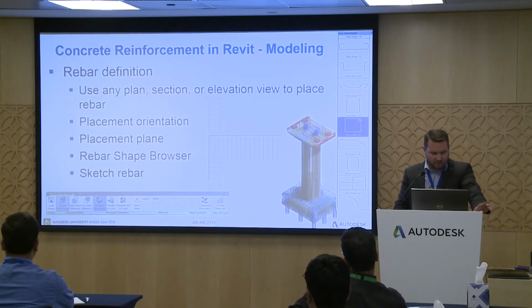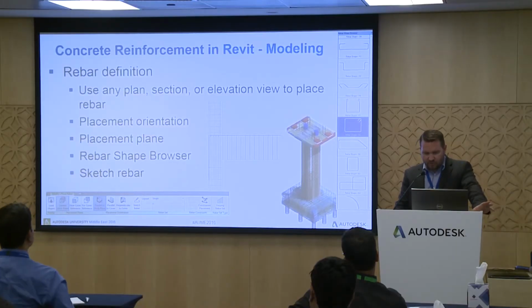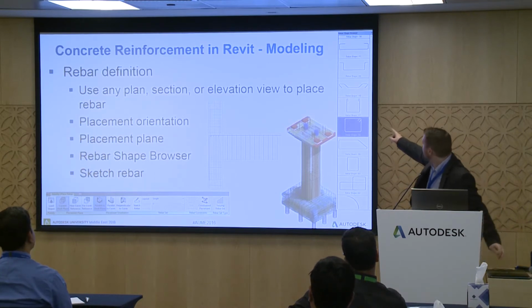And you can select the placement of the rebar, if it's in the plane, normal to the plane, or perpendicular to cover, or parallel to cover. And you will have globally 2 choices. You will have a rebar shape browser, which is what we see here.